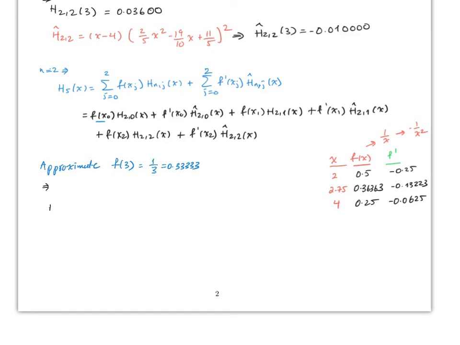So from here, we will have h5 of 3, it will be equal to 0.5, which is f of x 0, times h 2 0, which will be 0.12963, plus minus 0.25, which is the value of the derivative, times 0.027778.